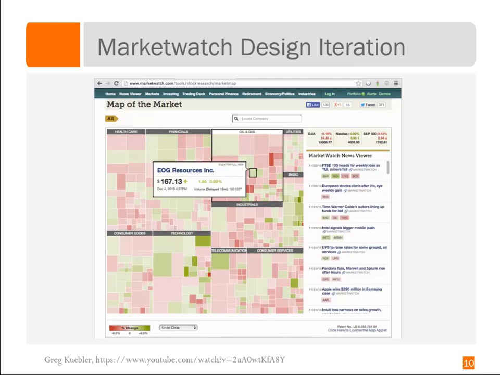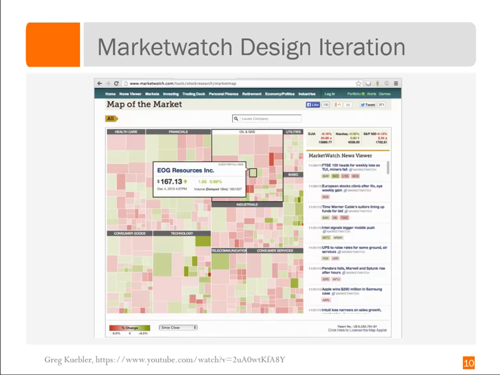And then, to provide a little bit more information, there's a tooltip on each one of the squares that we have highlighted there that gives you the particulars on that company, particularly as it relates to the share price, what the movement is.